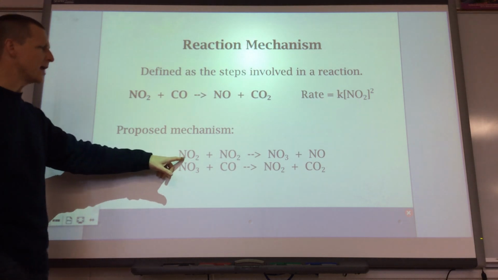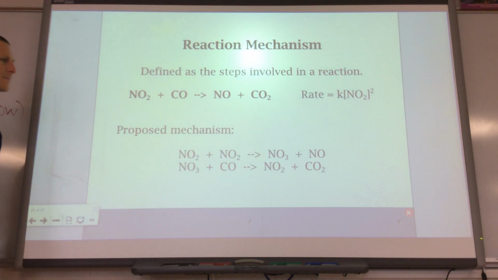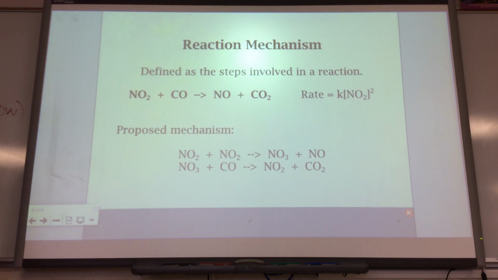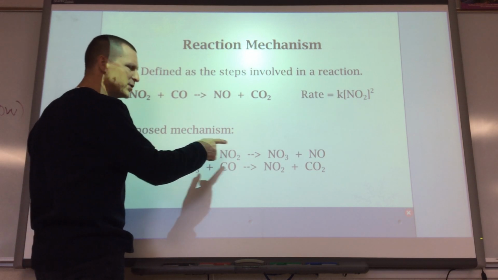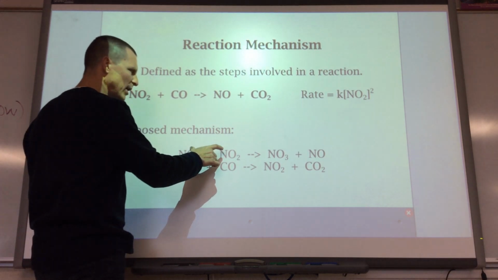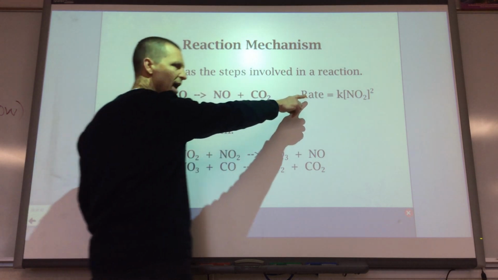Because this is the slow step, so it would be k times NO2 times NO2, which is NO2 squared. I am assuming the first step is the slow step, because the rate law of the slow step would be k times NO2 times NO2.